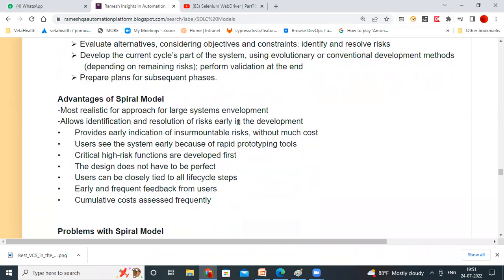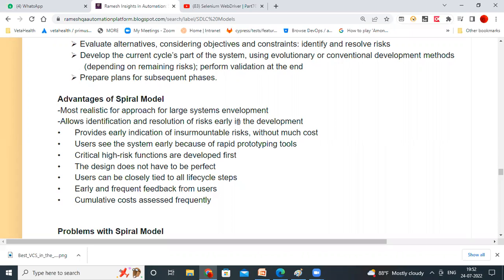So the advantage of the spiral model is that it is the most realistic approach for larger systems. It allows identification and resolution of risks early in the development, and provides early indication of risks without much cost. Users see the system early because of rapid prototype tools. Critical high-risk functions are developed first.